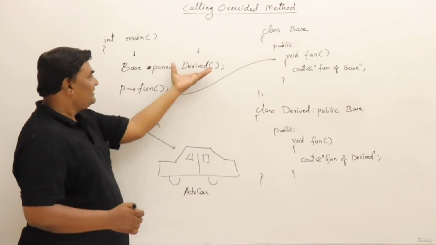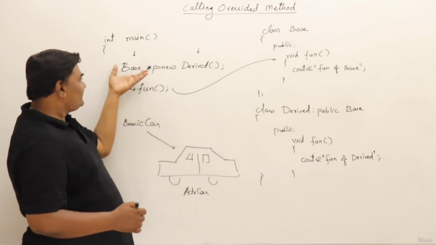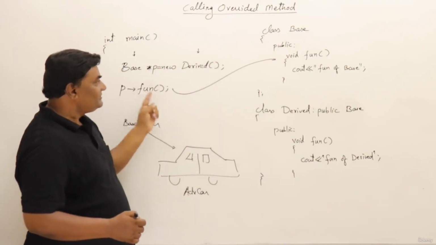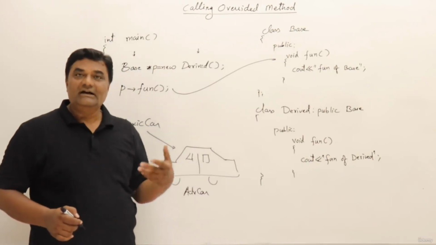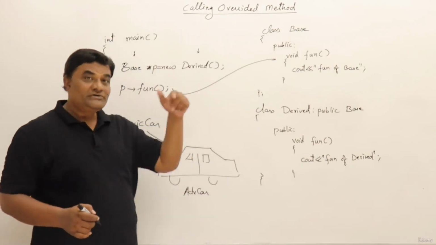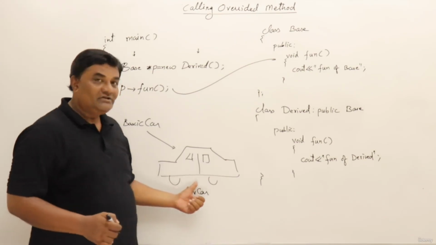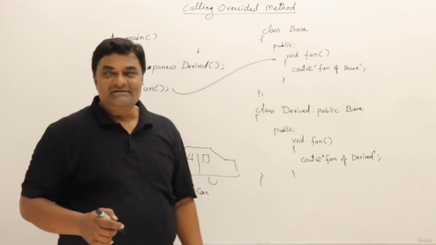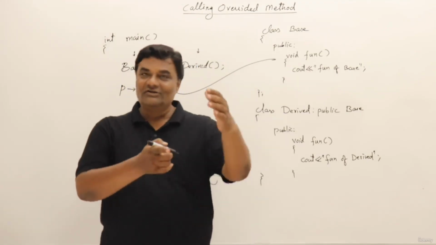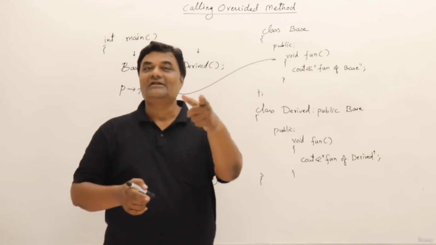So the object is of derived class, the pointer is of base class, and you call the function. That function is called, but logically it is wrong. Whose function must be called? The function based on the advanced car. So in C++ it doesn't happen. In C++ if you call a donkey a horse and say run, it will run like a horse.